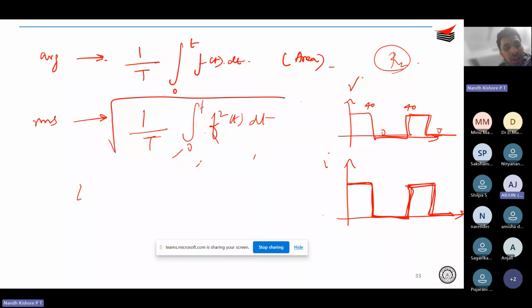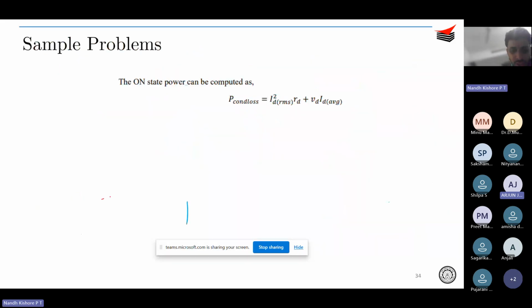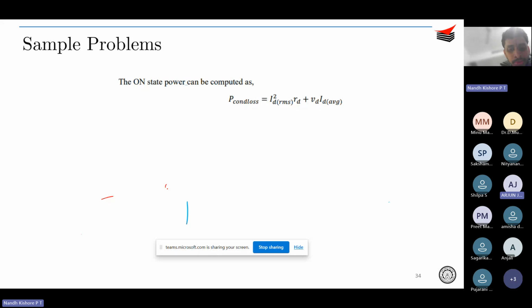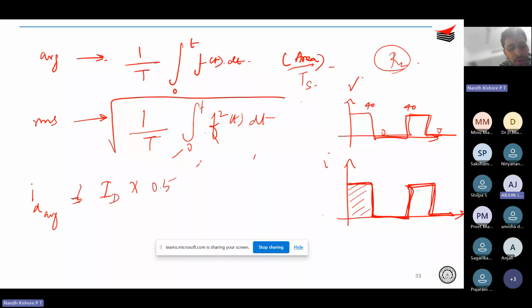So how do you find out the average? ID average is simply the area over here divided by the time period, area by TS, right? So your ID average is going to be capital ID that we calculated into the duty cycle, right? Duty cycle is 0.5. Okay.